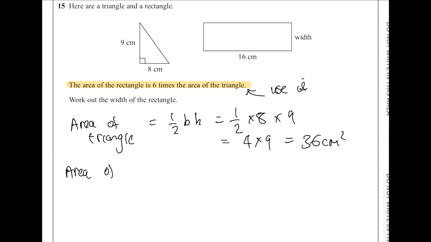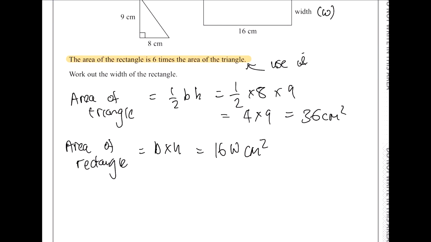Area of rectangle would be the base times the height, which in our case would be base 16 times the width. I'll call the width W, so 16W, and again units centimeters squared. Now we can use this relation.